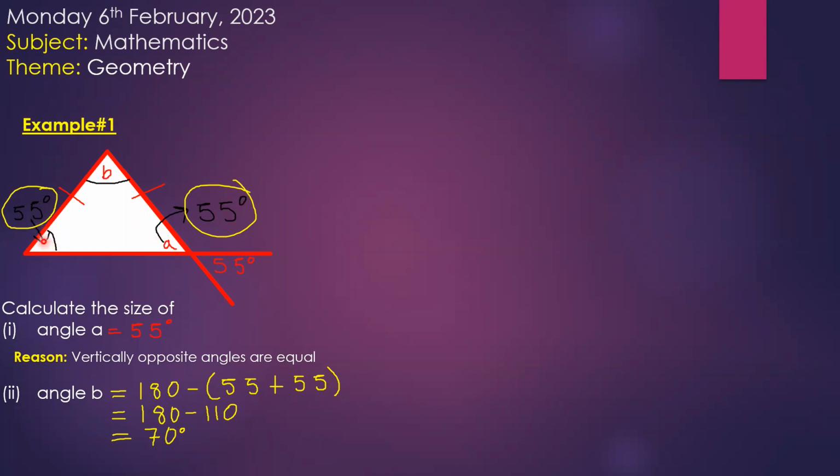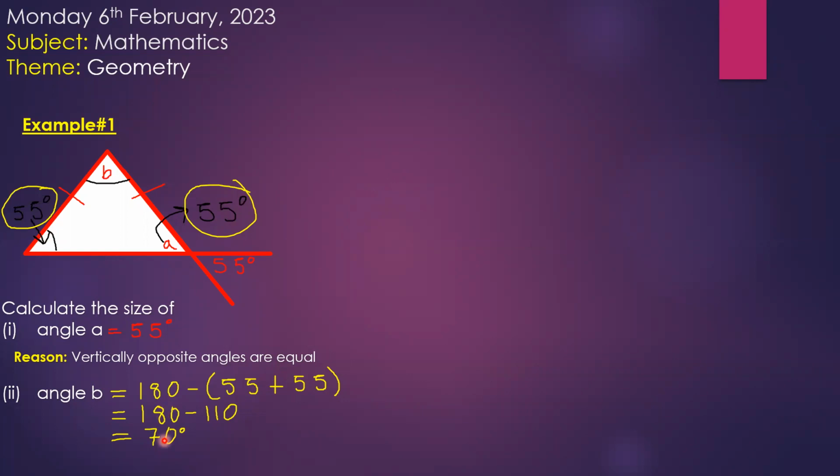That's what we mean by isosceles. Make sense? So if this is 55 degrees, then what must this be, Lanaya? 55. It must also be 55. So please make a note of that. Then we add the two, 55 and 55, and subtract it from 180 to get 70. So that's how we do it.